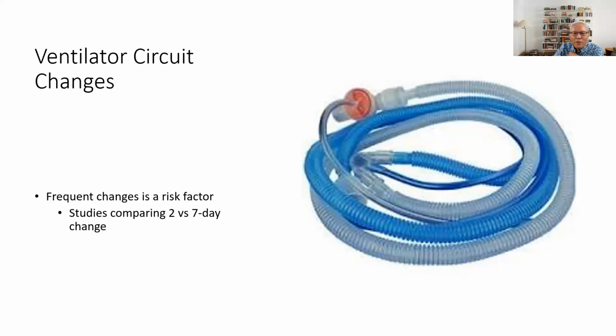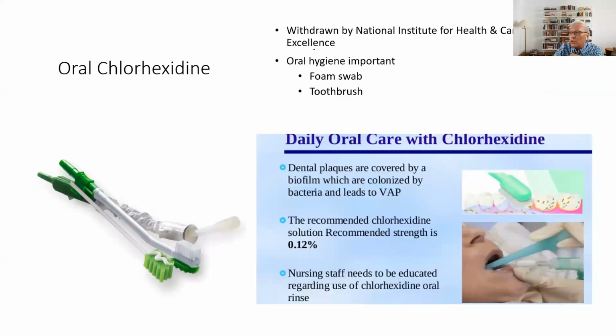But now they have found out that actually every 7 days is really going to be sufficient, because the more you open this or break the integrity of the closed system, the more likely you are to have pneumonia developing. The other thing is, of course, your oral hygiene, and this includes oral hygiene using a foam swab or a toothbrush, and then, of course, chlorhexidine solution right over here.